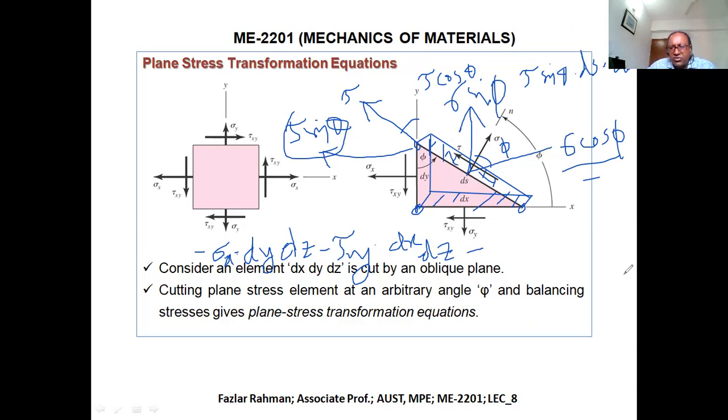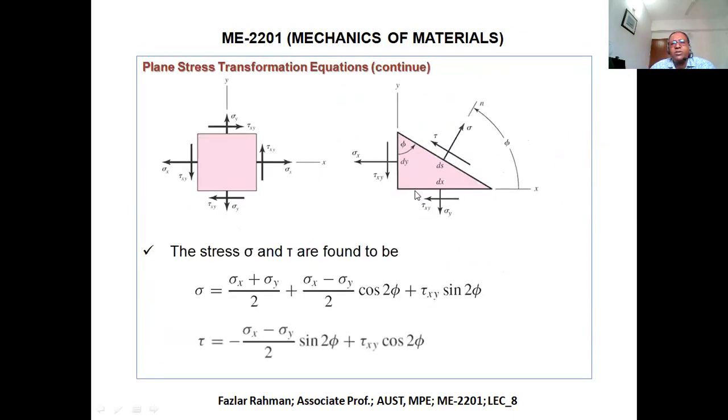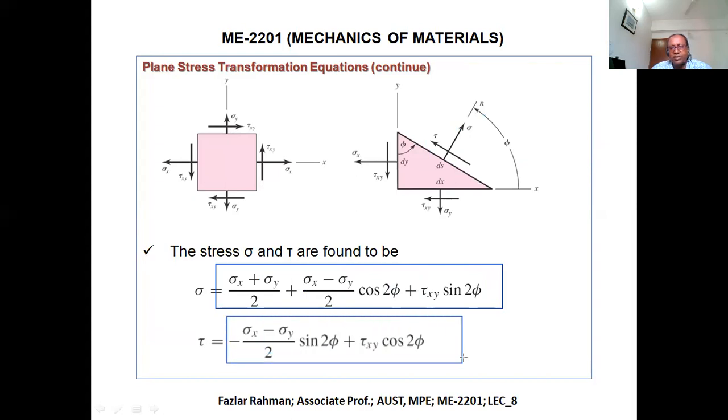Okay, so you don't have to be scared. I'm just giving you the introduction of the solution, that after we solve it, we will get this equation: sigma equal to this one and tau equal to this one.